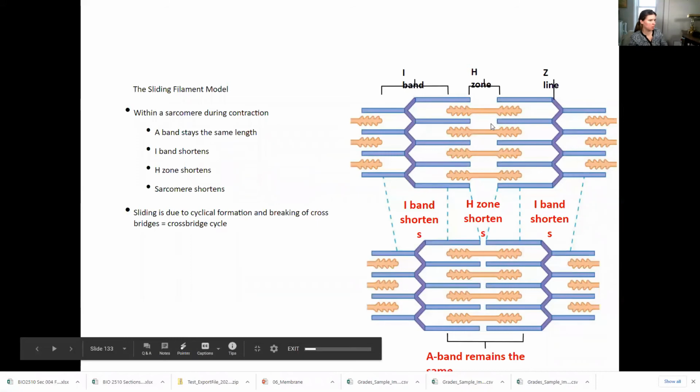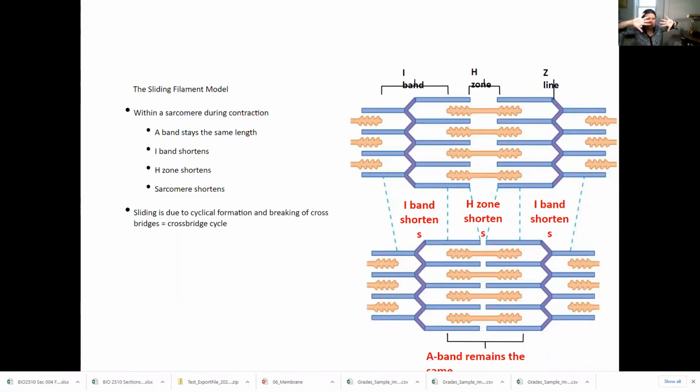So when our sarcomere shortens, the thing about this sliding filament model, the reason this was a cool thing that they discovered, is that none of our proteins are actually getting smaller. They're just sliding against each other. I'm sorry, this image is formatted weird, but I think the image in your slides is okay.